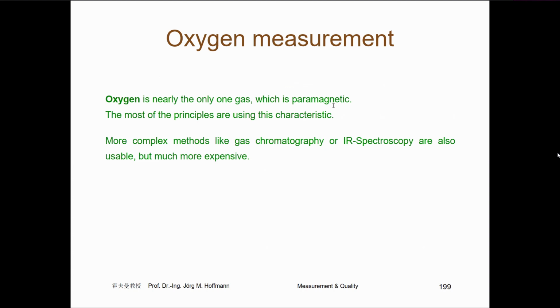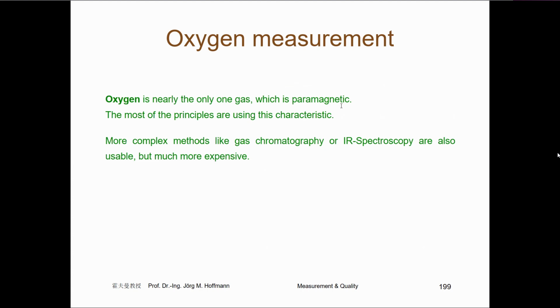We have some extremely rare gases, which are nearly absent from the content of the air, which are also a little bit magnetic, but nothing is as paramagnetic as oxygen. And that is a very important point, because nearly all oxygen measurement principles measure oxygen via the magnetic behavior of the gas.